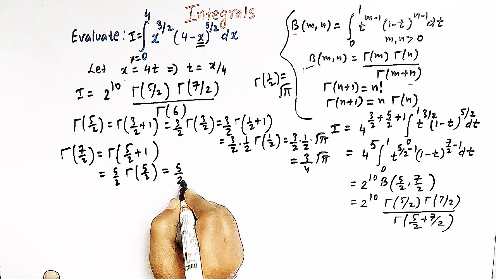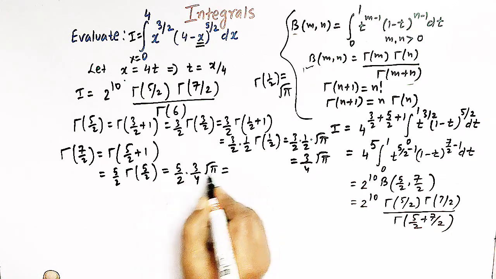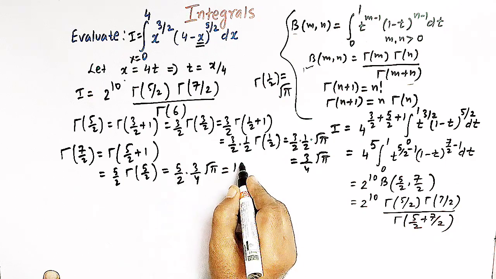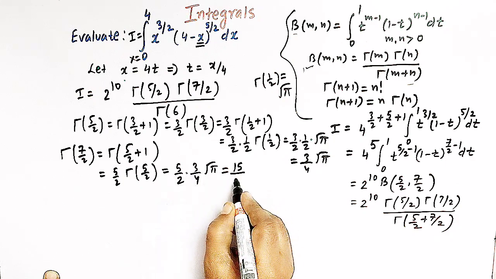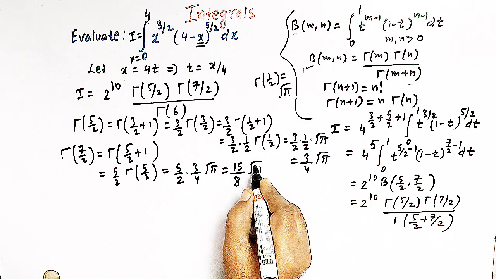So here we have 5 by 2 times 3 by 4 root pi. So this is 5 times 3 is 15 over 8, and here we have root pi.